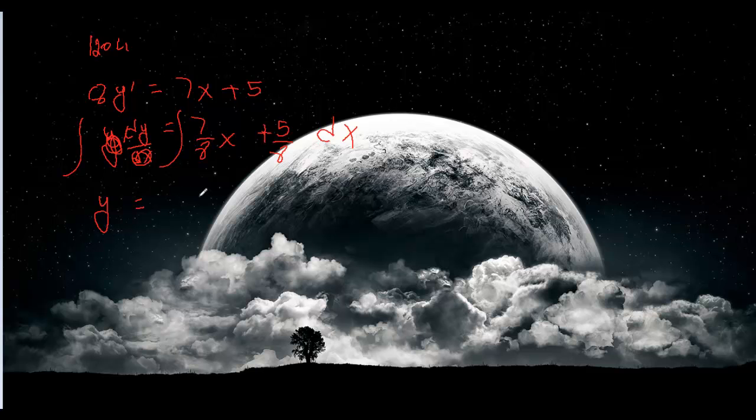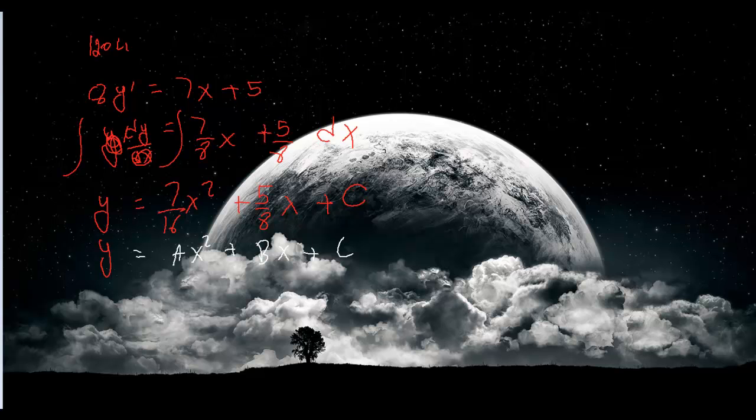It's going to be x squared 7/16, 1/2 times 7/8, 7/16, plus 5/8 x plus c. And this is exactly the form of answer that Charlie wants, which is some constant a x squared plus another constant bx plus c.